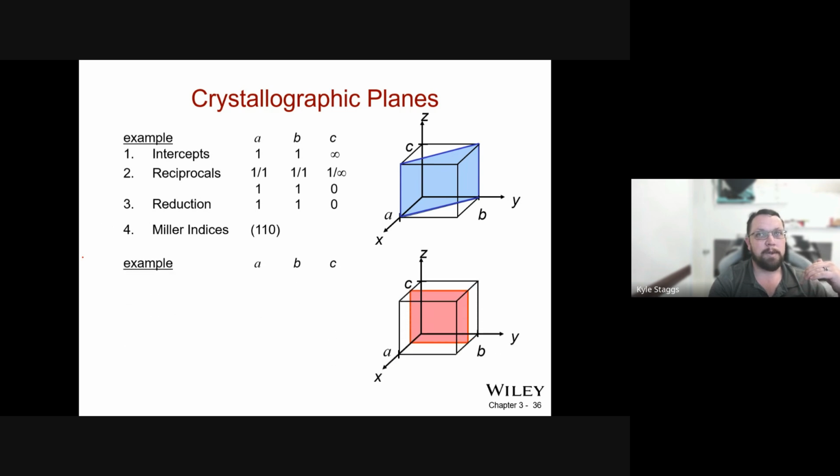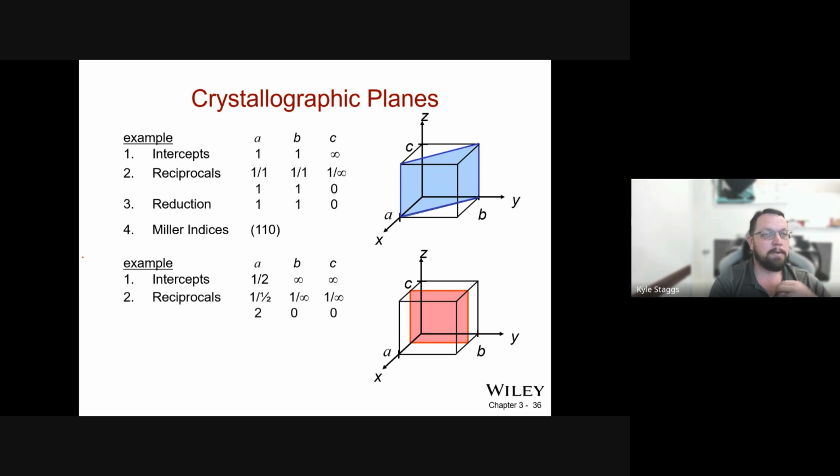Another example is given here. For our a, b, and c, we have infinite along b and c, but we have one half of a as our intercept.